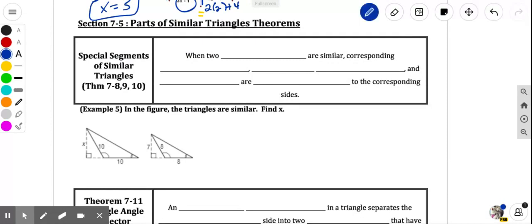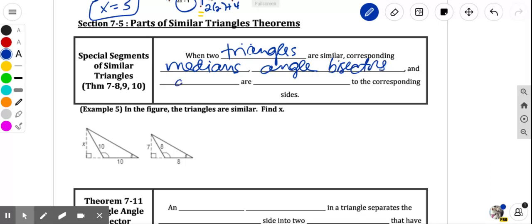So when you have special segments in similar triangles, they're basically proportional to the sides. So what this says is when two triangles are similar, corresponding medians, angle bisectors, and altitudes are proportional to the corresponding sides.